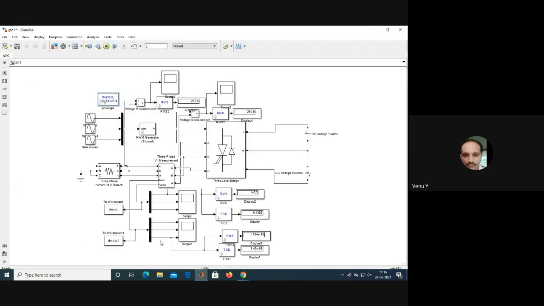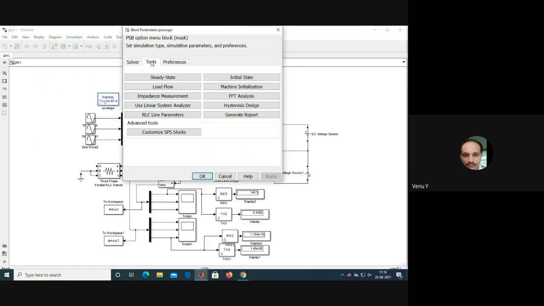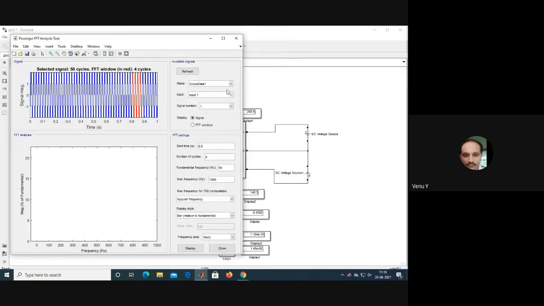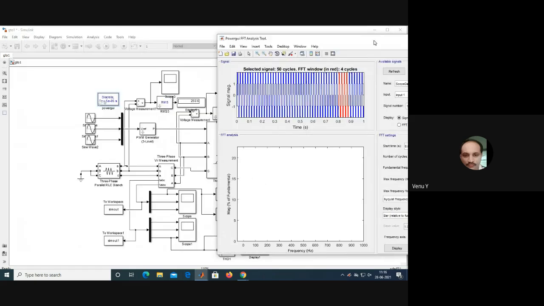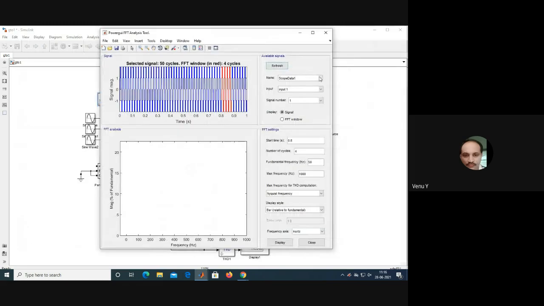Okay, for the third phase, some problem is there. So let us solve it. Simout 1.